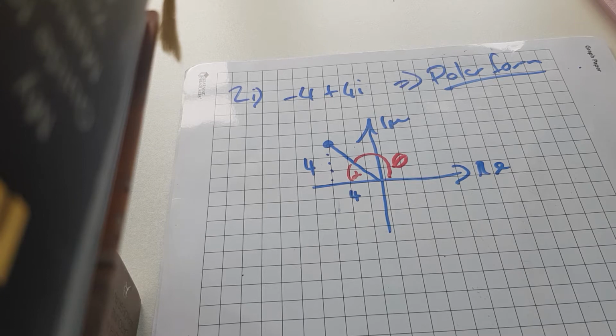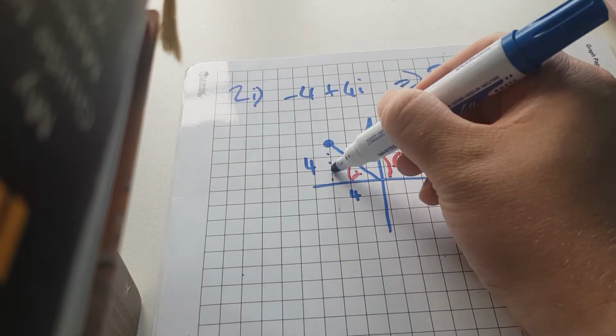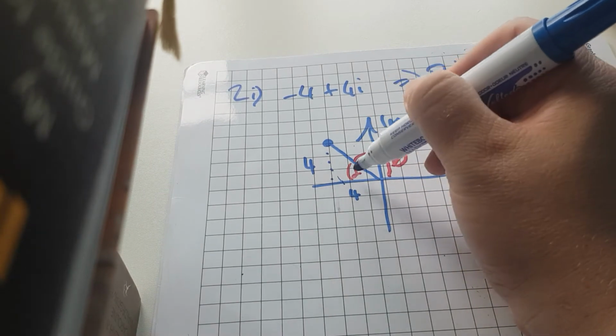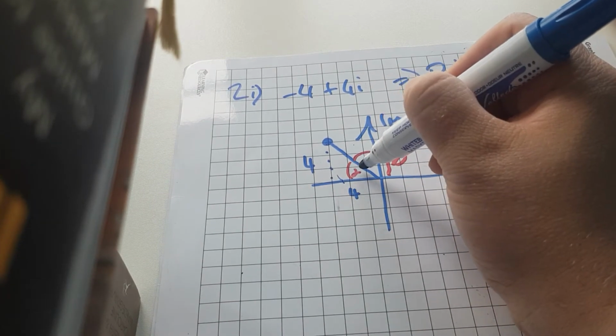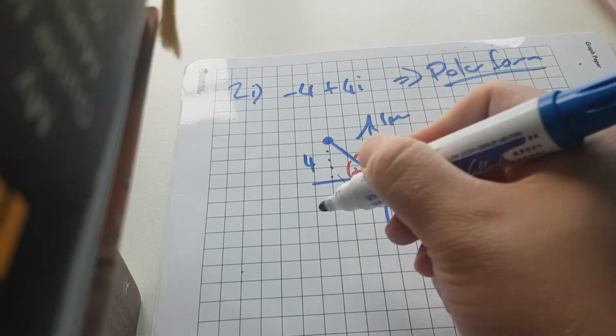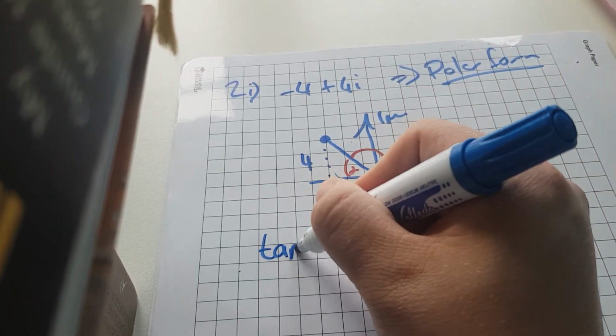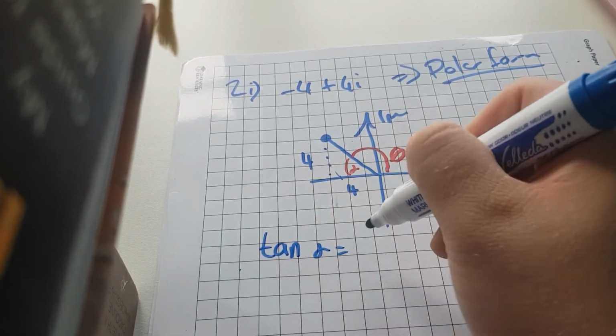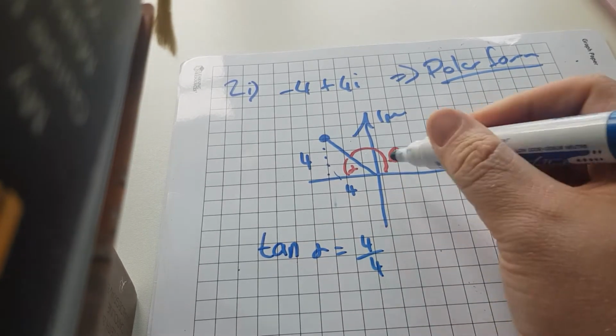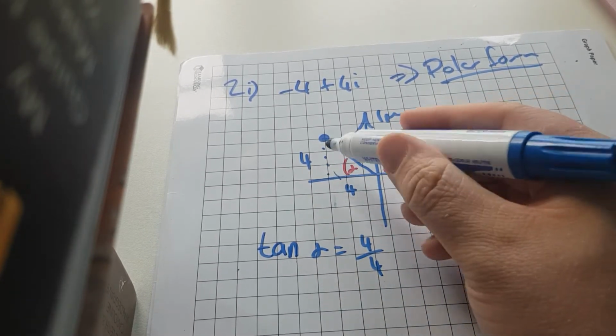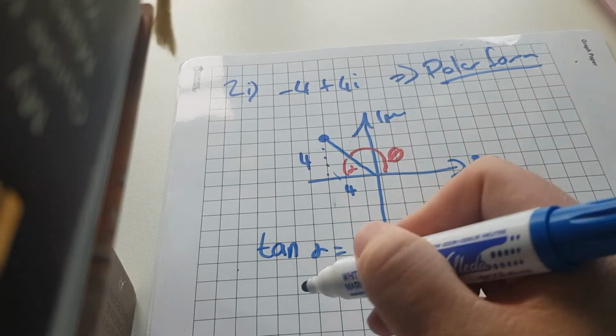Okay, so to find this reference angle here, it's this right angle triangle, and we're going to look for this angle here. Now this is 4 and 4, so we're using tan. So it's tan alpha is 4 over 4. Don't worry about the signs, just deal with the lengths at the moment.